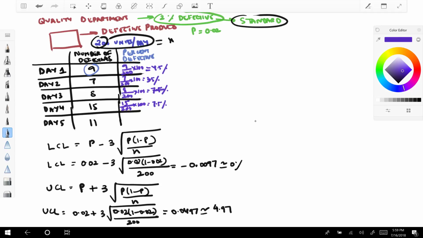This is 8 divided by 200 is 4%. And then finally 11 divided by 200 multiplied by 100, I'm going to get 5.5%. So this is 5.5%.